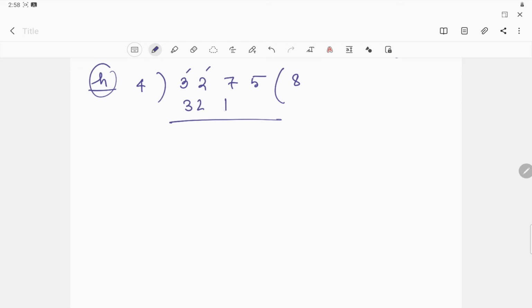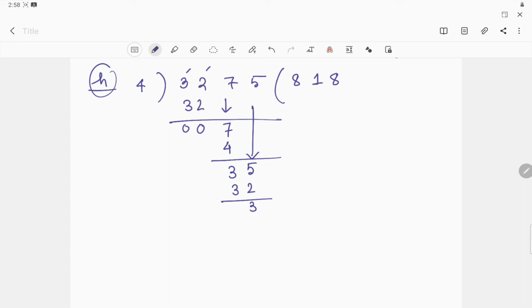Now bring down 7 because you are getting 0. So 4 1s are 4. Now 7 minus 4 is 3, and bring down 5. Okay, so bring down 5, 4 8s are 32, you will get 3.